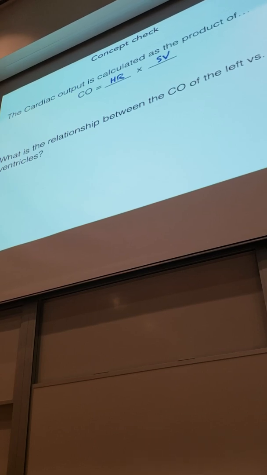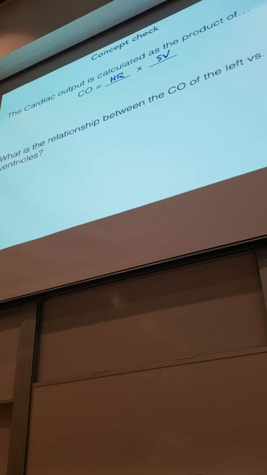If we had a cardiac output of, let's say, 5 liters per minute leaving the left ventricle, what would happen on the right side? Would you expect more or less? Would you expect the right and left ventricles to have similar amounts of cardiac output? Is one greater than the other? What do you think? What do you know?